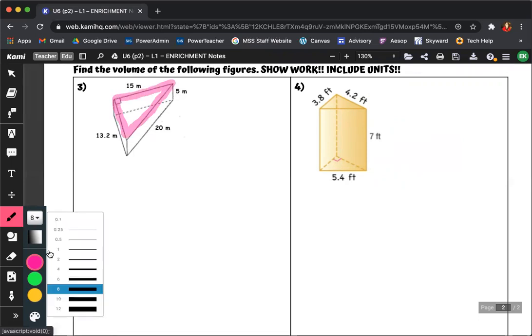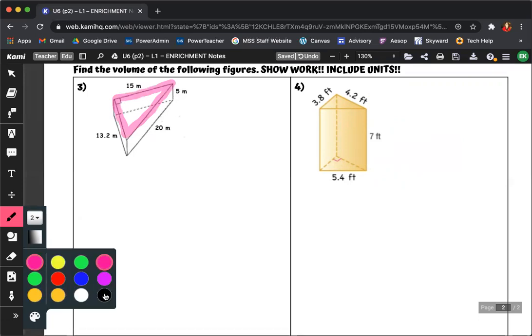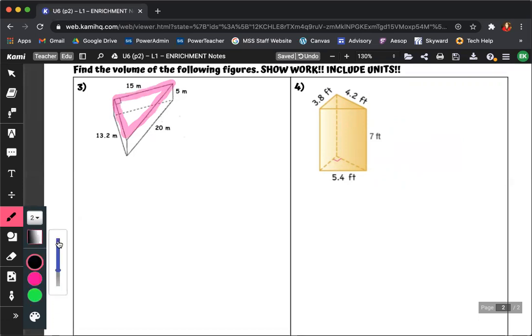What's important to note here is what these different measures are telling us. So we have this side length here is 15. This side length of the triangle, there's nothing there. So we look down here, that 20 is talking about that side length. And then this side length right here, there's nothing there. So we look down here, and that's telling us that the 13.2 is that side length.